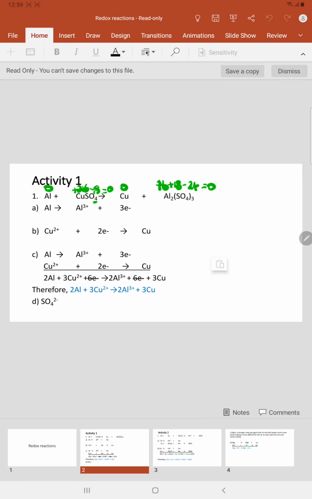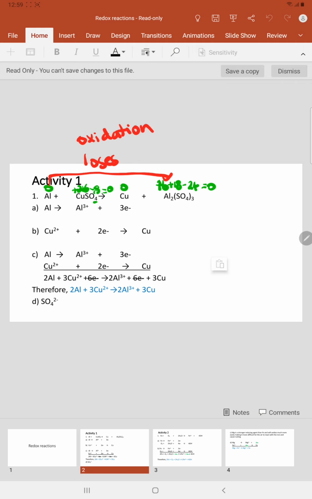Now that we have the oxidation numbers, we can check what is being oxidized and what is being reduced. Aluminium goes from 0 to +3. That means it loses electrons. When electrons are lost, oxidation takes place.